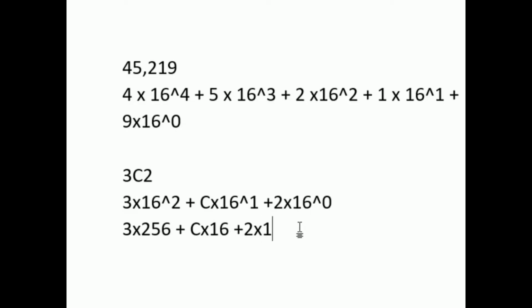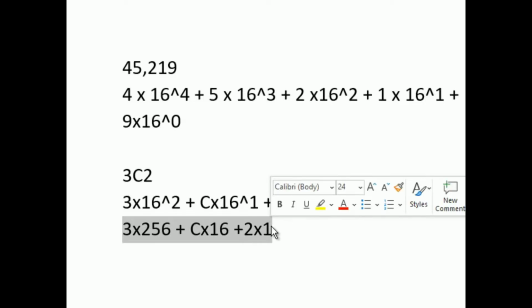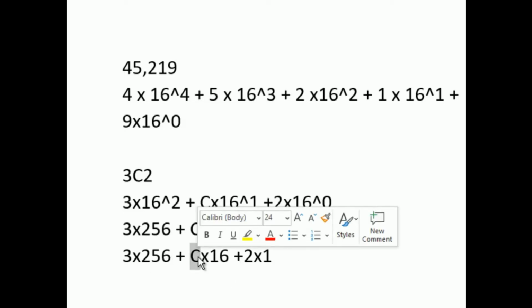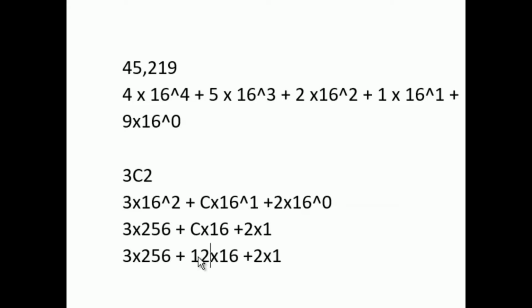This is looking more like an expression that we can easily evaluate, except that we have the digit C, which is not a decimal digit. If we convert all hexadecimal digits to decimal numbers, in this case only the C, then we get 3 times 256 plus 12 times 16 plus 2 times 1.